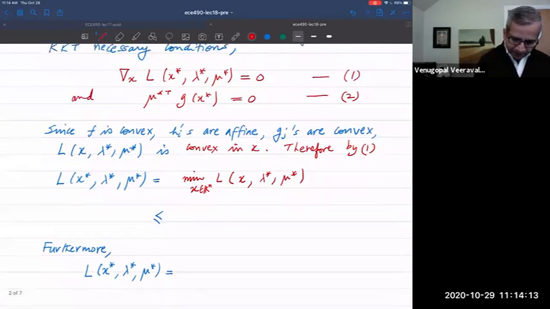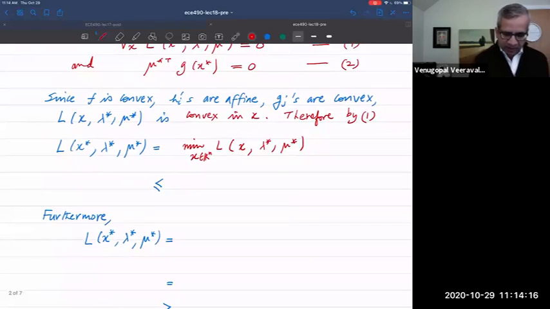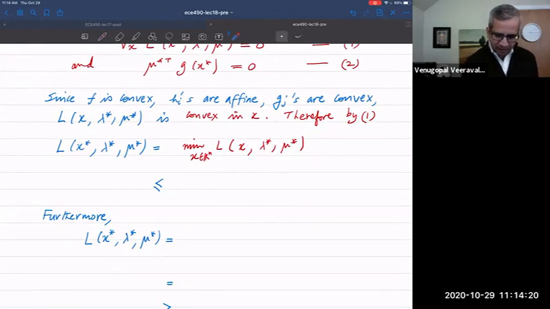But this is a particular value of lambda and mu, lambda star mu star. So if on the right hand side I look at the value that maximizes this quantity, this should be less than that.